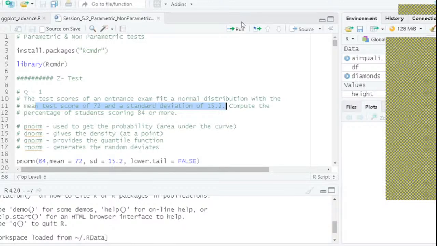See, that is what you have to figure out. When you read any question or when you read the details, just figure out exactly what it is. Okay?